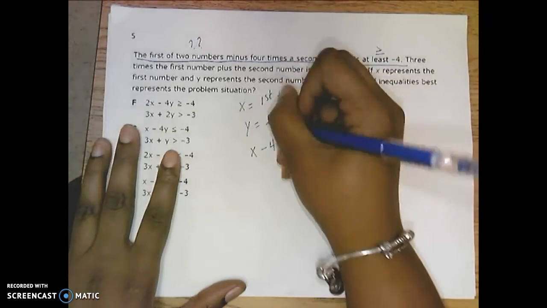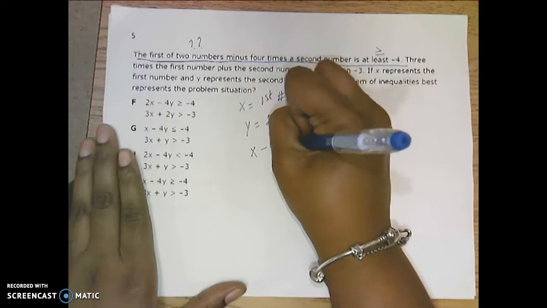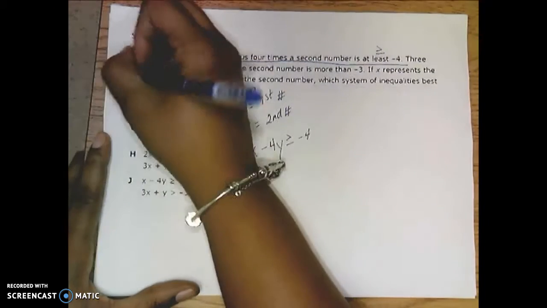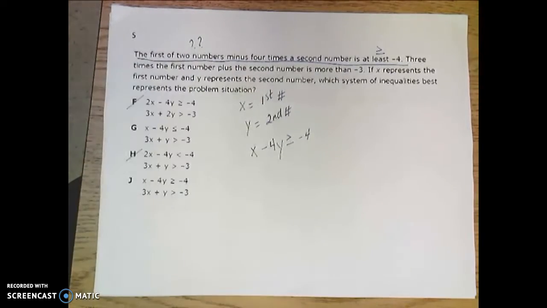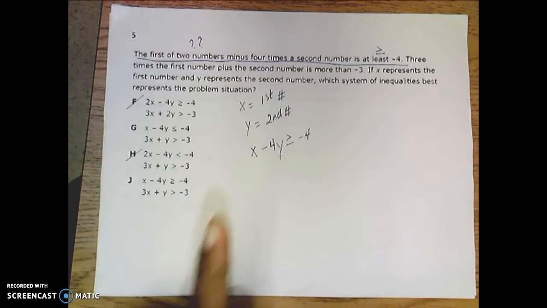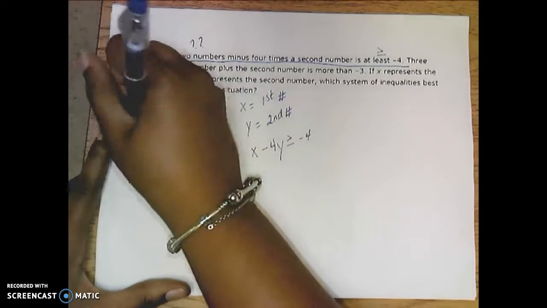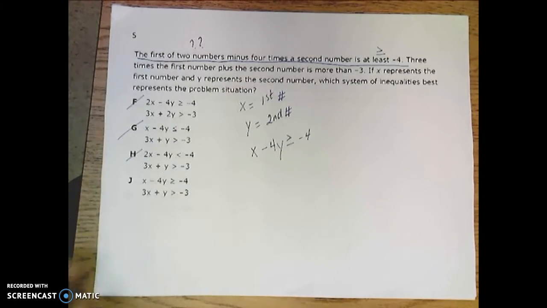So for that reason, we're going to do x minus 4y is greater than or equal to -4. Now, just from that statement alone, you can look at your answer choices and you can eliminate F and H. Knowing that it has to be a greater than sign, we can also eliminate G. But I'm going to push a little bit further.